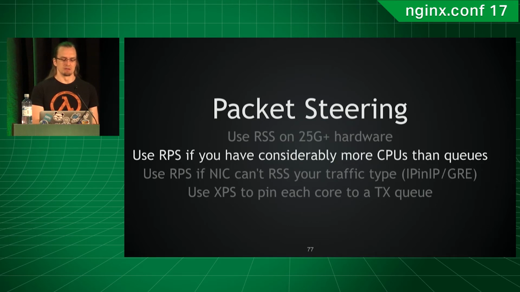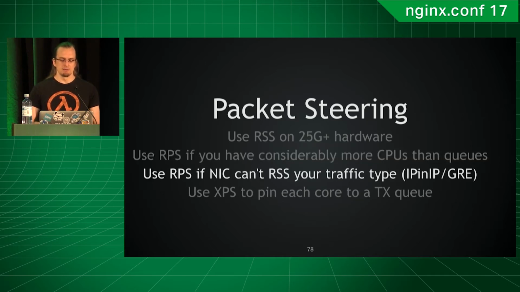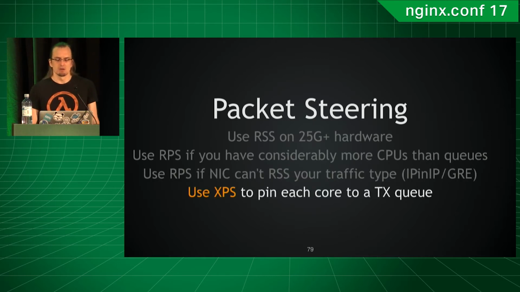If your hardware cannot do that efficiently, you can still do that in software, for example, use RPS and spread packets across more CPUs. Or if your hardware cannot RSS the traffic type you are using, for example, IP in IP or GRE tunneling, then again, RPS can help there. XPS is generally okay to enable, it's just free performance, enable it.